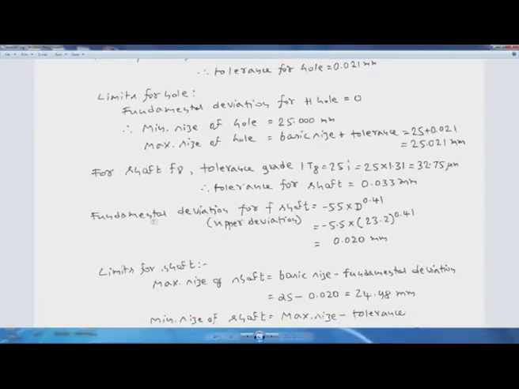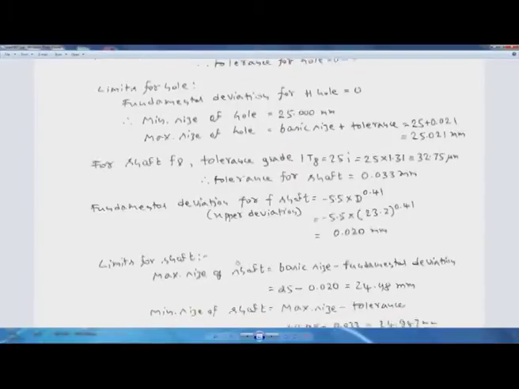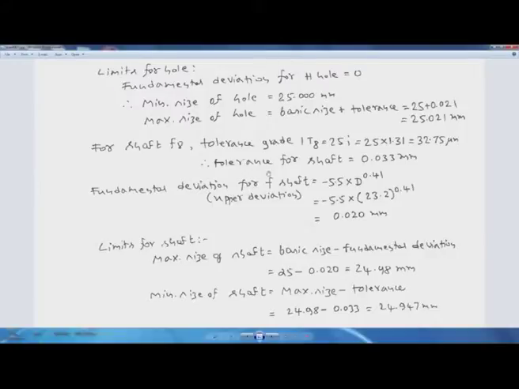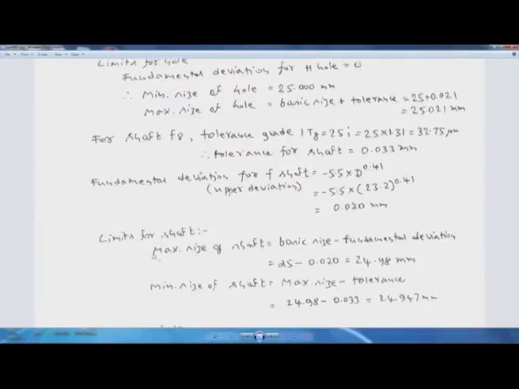So we get the fundamental deviation for the F shaft, that is nothing but the upper deviation, to be minus 0.020 mm.